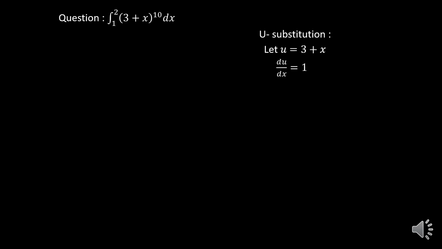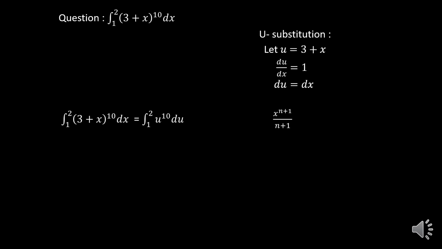So next we just find du over dx. Here we can see that du over dx is equal to 1, so du is equal to dx. So integrate from 1 to 2 of (3 plus x) to the power of 10 dx is equal to integrate from 1 to 2 of u to the power of 10 du.